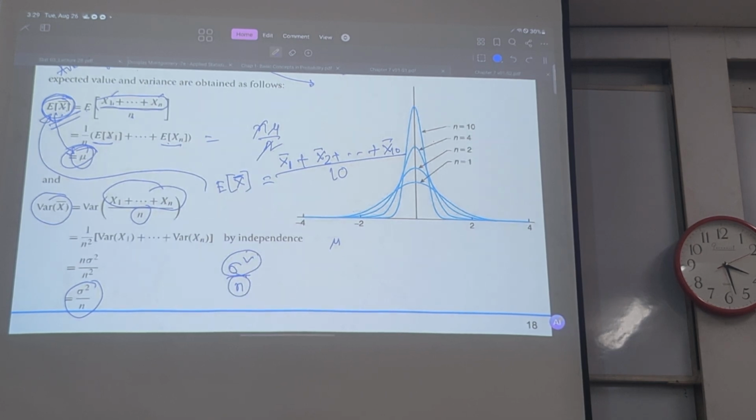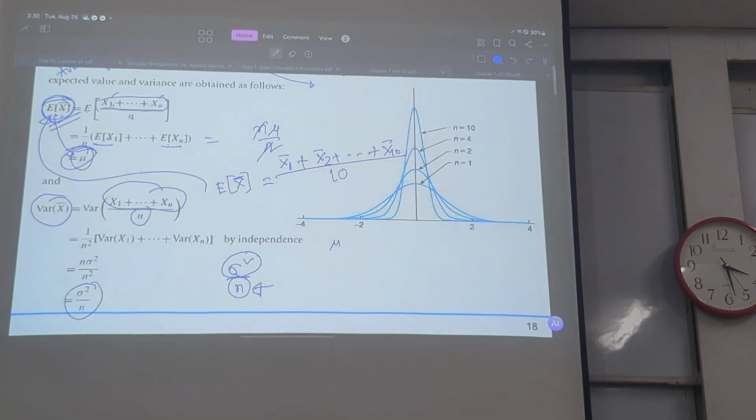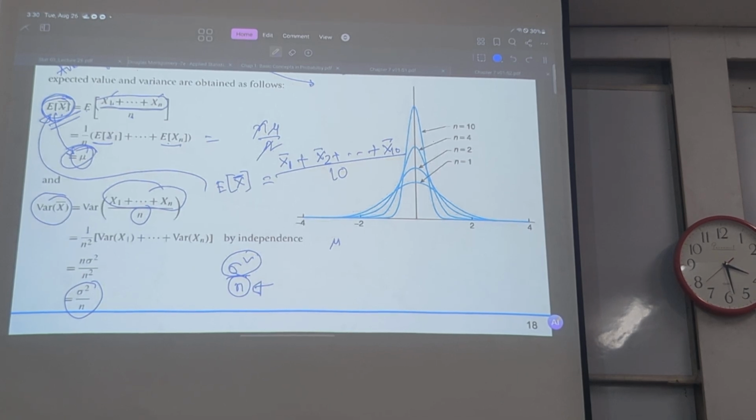Why does the n remain here? Intuitively, as n grows, a sample will have an average value close to the population mean. That's why this distribution becomes narrower and narrower.